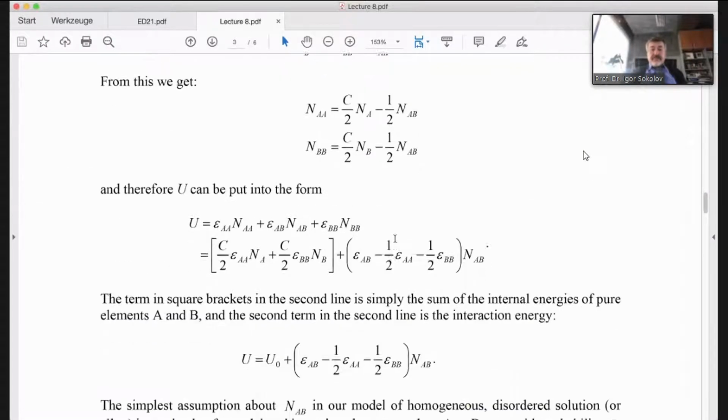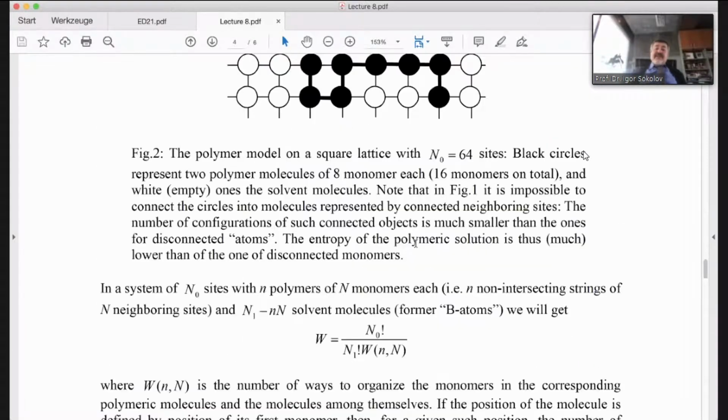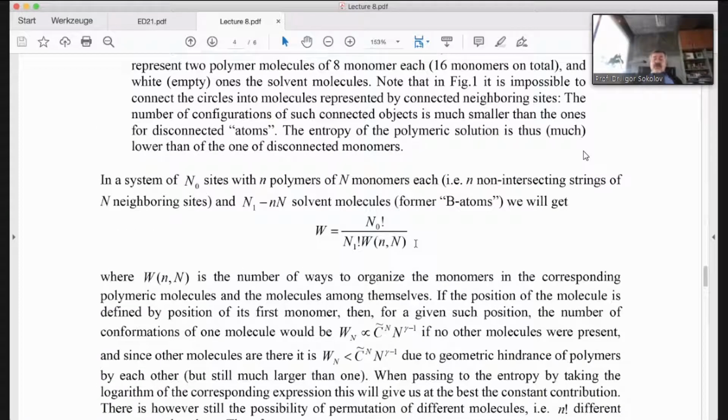But the number of ways to place the molecules and to place the monomers within the molecules is now changed. It is strongly affected by the fact that you cannot place the atoms in a molecule at random.